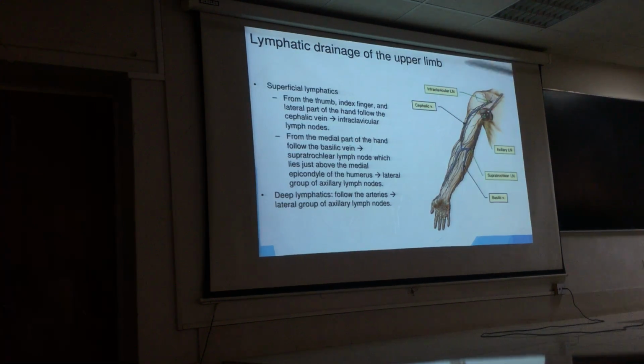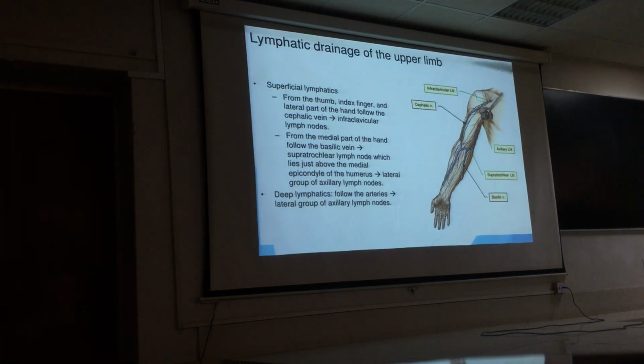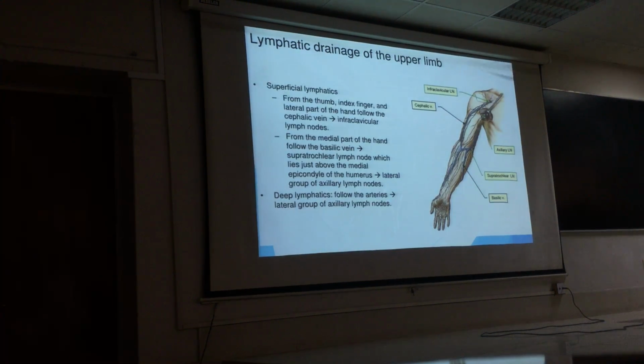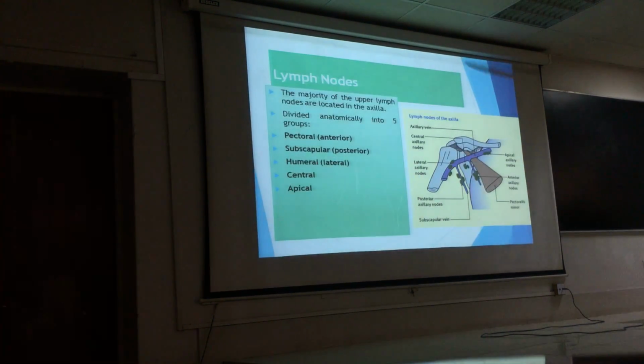And then we talk about the deep lymphatics. The deep lymphatics were very easy to remember. They were lying deeply, less numerous, follow the course of the arteries. So they will be in relation to the arterial structures which are present deeply, and they will also go and drain into the lateral group of the axillary lymph nodes. So these are actually the lymphatics of the upper limb.